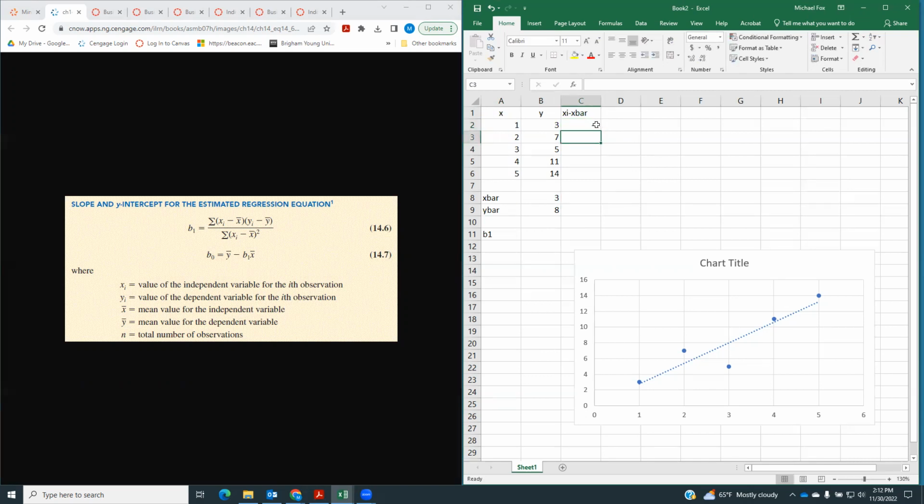That way, when I use my fill tool, it stays. You can see it's doing A4 minus the mean, A3 minus the mean, A2, A3, A4, A5, A6, etc. So there is my value of xi minus x bar. Okay, I'm going to do the same thing for yi minus y bar, where I take the value of y minus the mean. And the same thing where I lock in that mean.